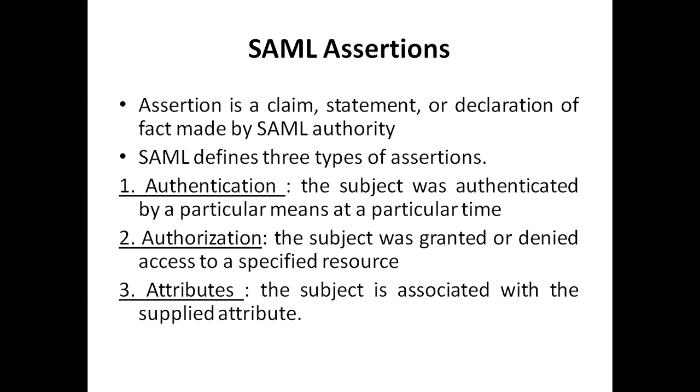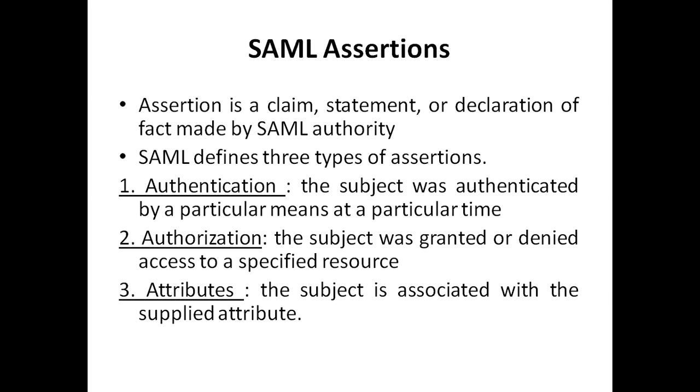SAML defines three types of assertions. First one is authentication, that is, the subject was authenticated by a particular means at a particular time. So an authentication statement is an assertion by the identity provider that it did authenticate a principal C using a particular authentication method at a particular point of time.